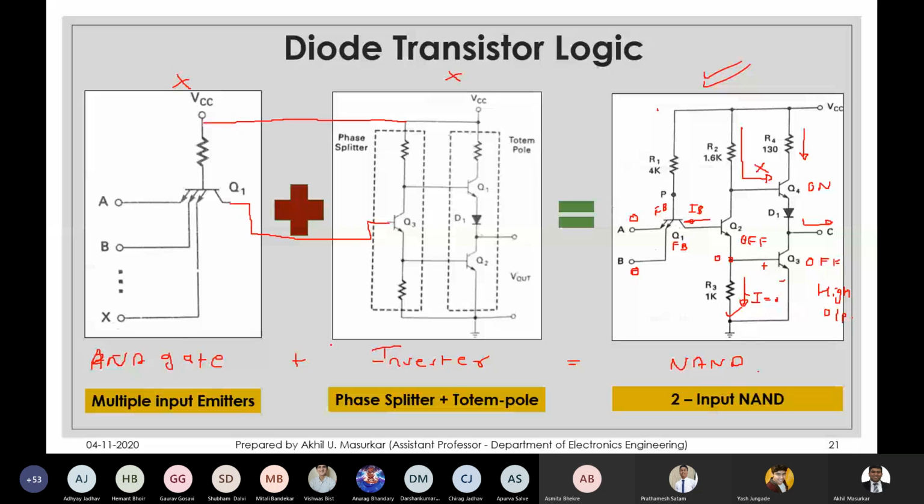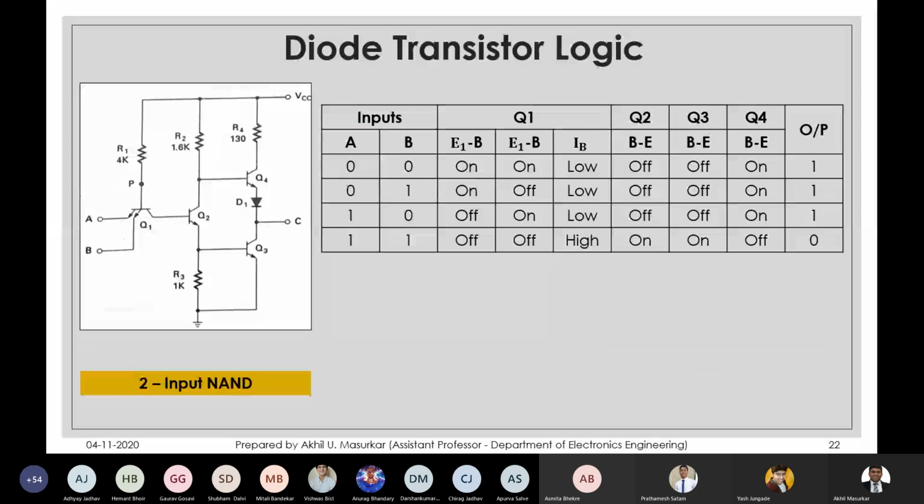Okay. So let's move on to the next thing. If you want the explanation of this each and every transistor wise, that's what is here. If it is 0 0, the emitter base E1B, this should be E2. So E1, this is E2, this is B, and this is C. So E1B, E2B is on.